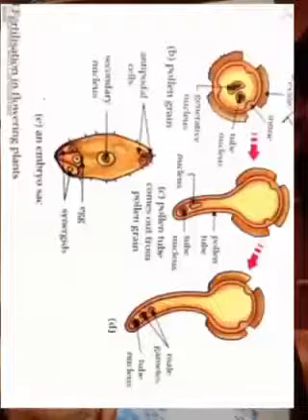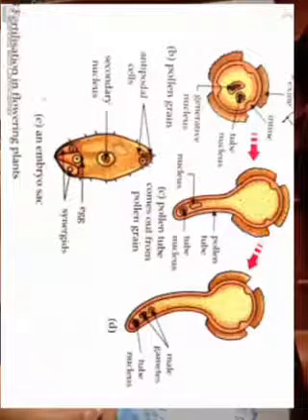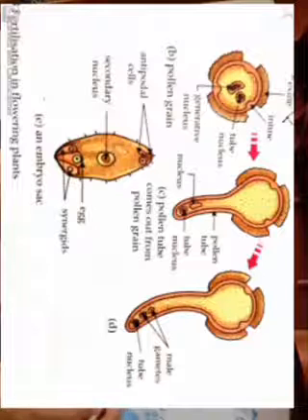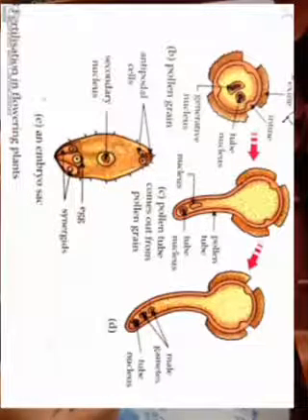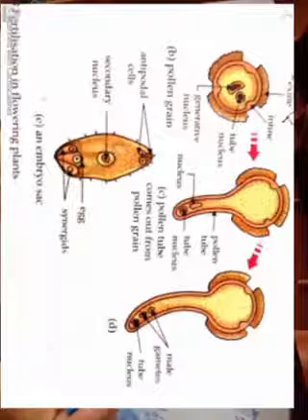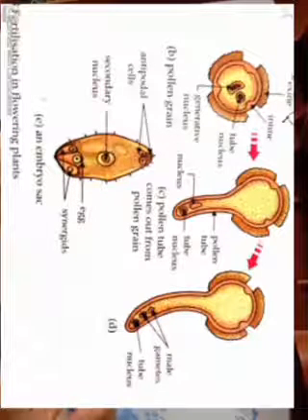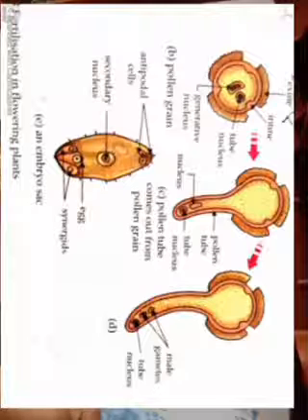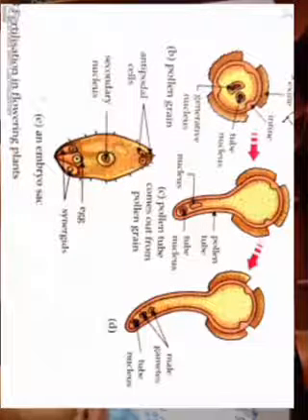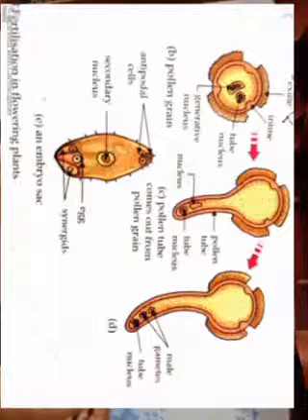The style may be hollow or solid, but the pollen tube is capable of passing through the style. This is the growth of the pollen tube inside the style.